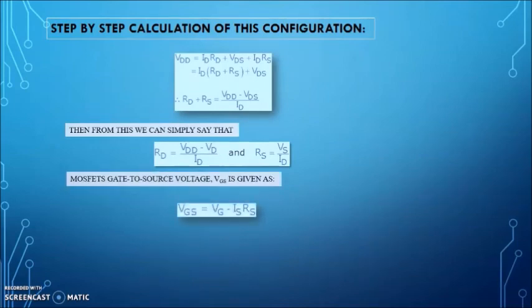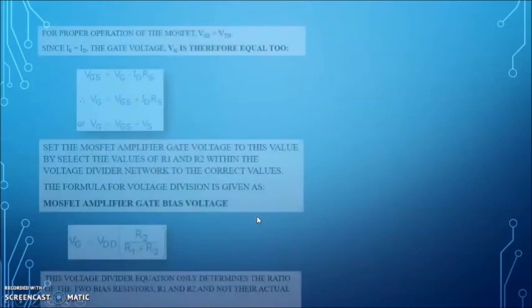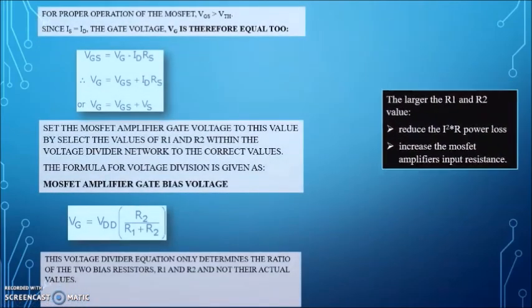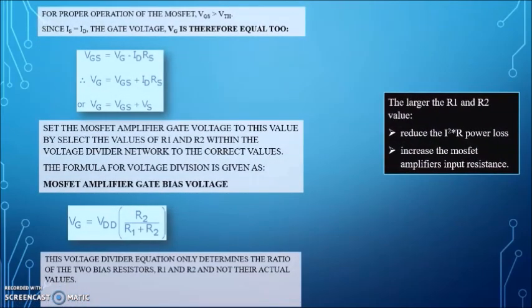As you can see, the formula is VDD equals ID RD plus VDS plus ID RS. You can simplify the formula to get the values for RD and RS as shown. The MOSFET's gate to source voltage is given as VGS equals VG minus IS RS. For proper operation of the MOSFET, VGS must be greater than VTH.